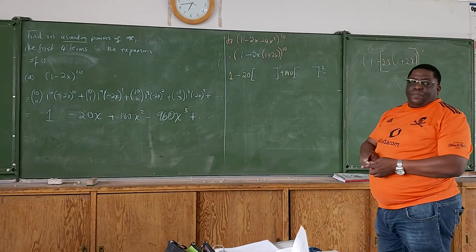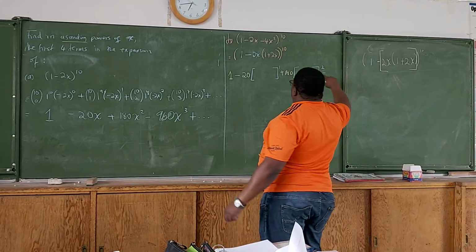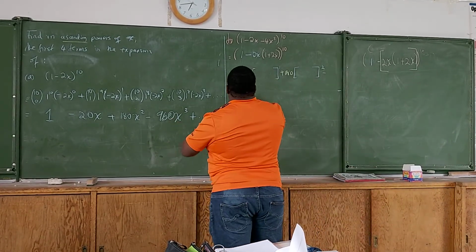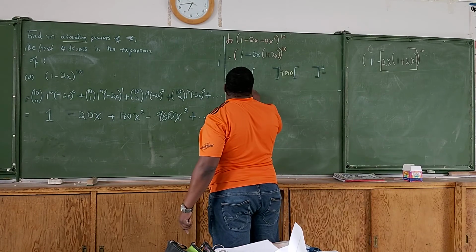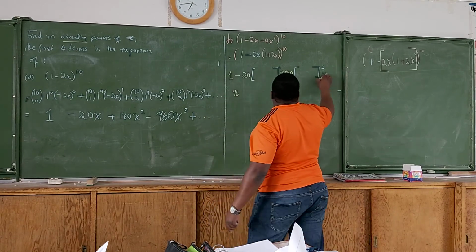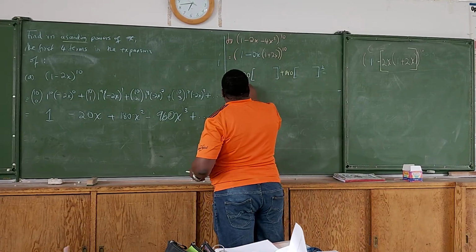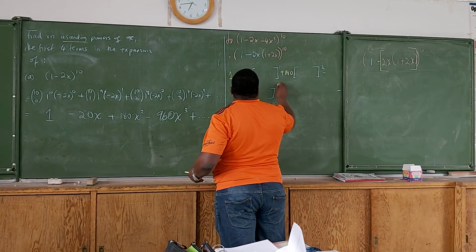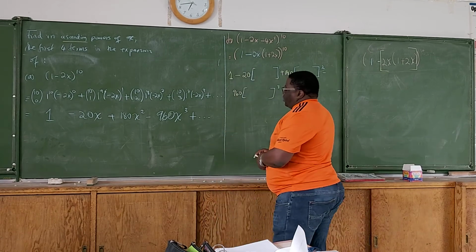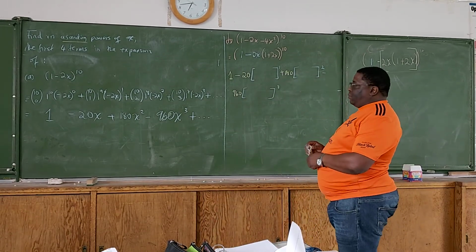Are you with me so far? I'm running out of space, so I'm coming here. So this is going to be 9 minus 960. The minus is there, remember? And then I'm going to have whatever that is, cubed. That's all. Right? You follow?